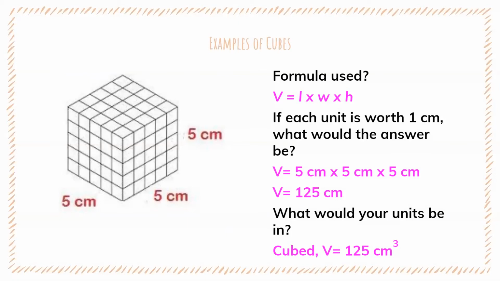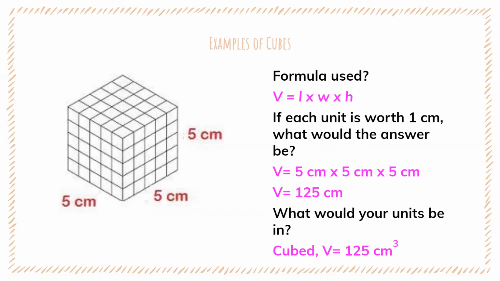When I multiply all those together, I get 125, but the last question asked what my units would be in, and it would be cubed. So volume equals 125 centimeters cubed. Make sure for volume that you enter your units, because sometimes people may think that volume is squared, but it's not. Your answer is going to be cubed because you're multiplying 3 different units together.